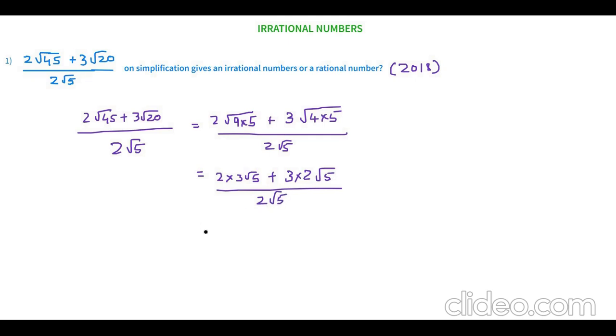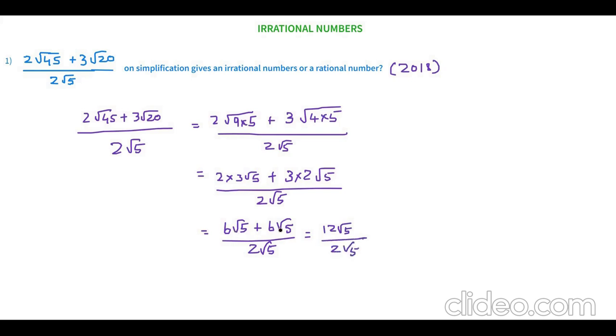Now let's multiply the numbers. We get 6 root 5 plus 6 root 5 divided by 2 root 5. Now let's add the numerators. We get 12 root 5 divided by 2 root 5.